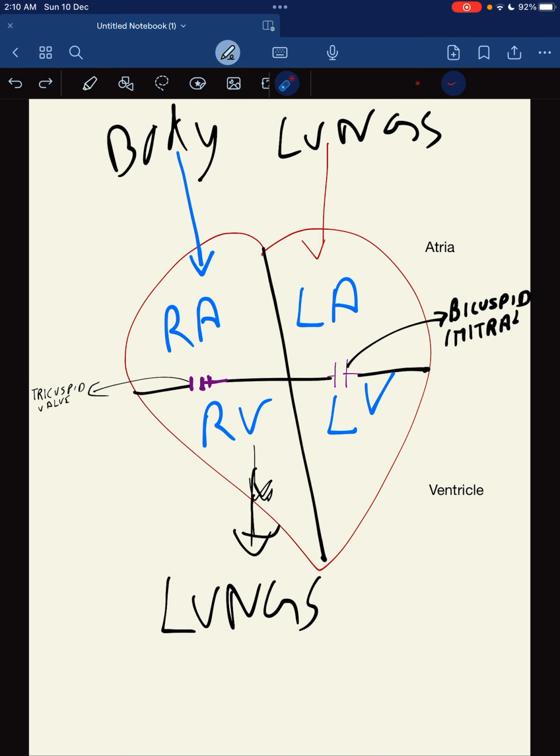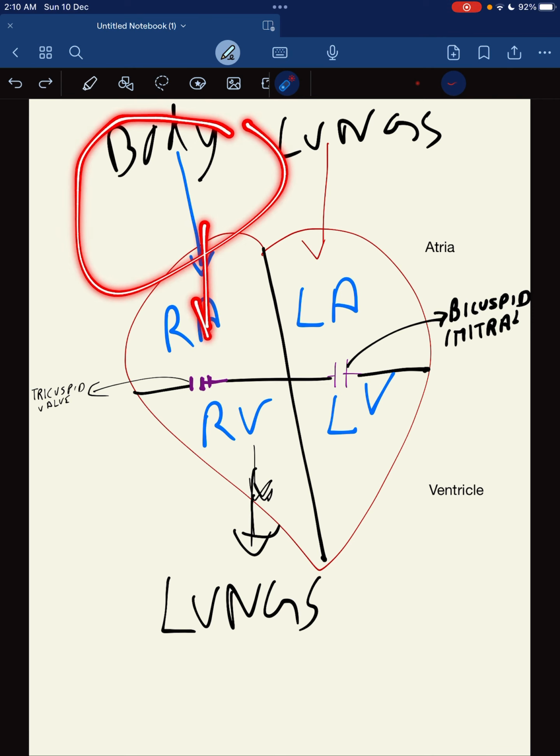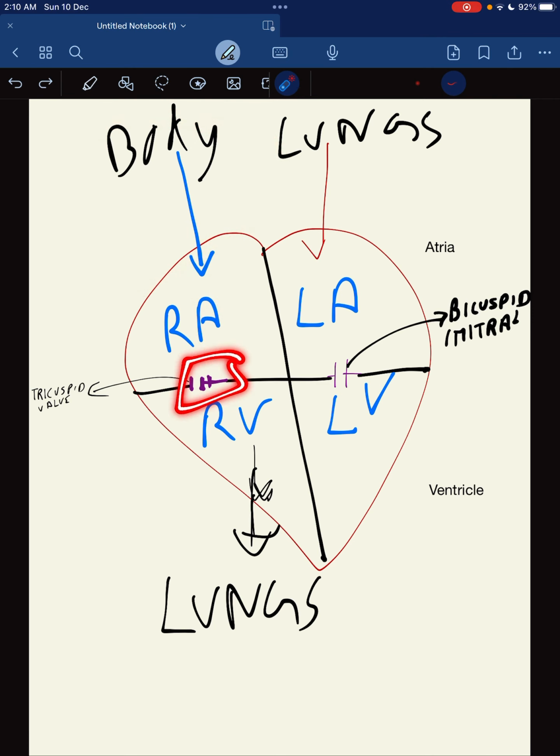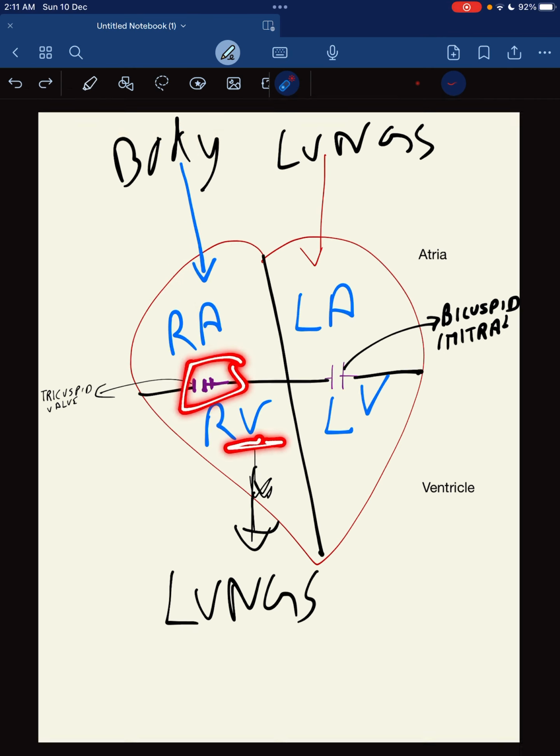Then from the left atrium, through the bicuspid or mitral valve, the oxygenated blood goes into the left ventricle, and from there it goes to the body to deliver oxygen. Then from the body it comes back into the right atrium, through the tricuspid valve, and into the right ventricle.